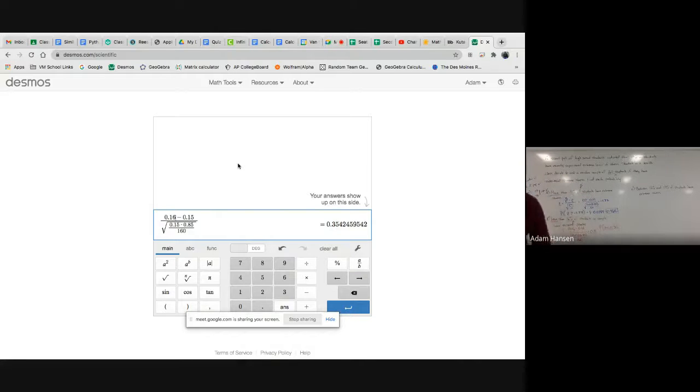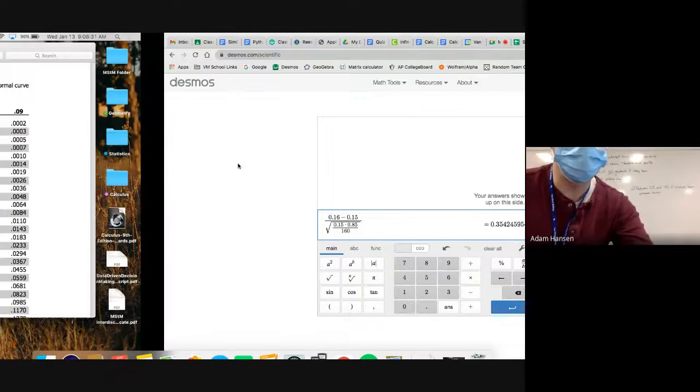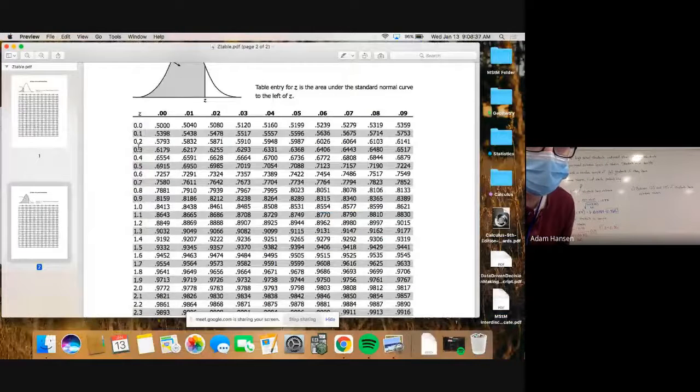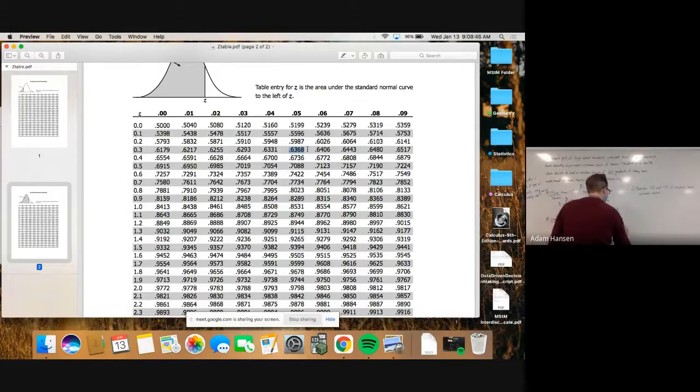If I flip over to the positive z-scores, 0.35 is 63.68%. There's a 63.68% chance that when they polled their students, 16% or less would have high levels of stress.